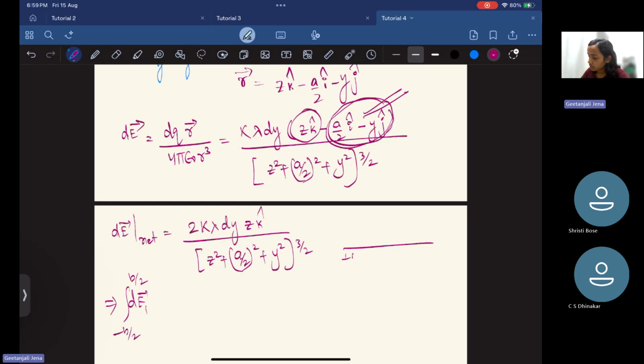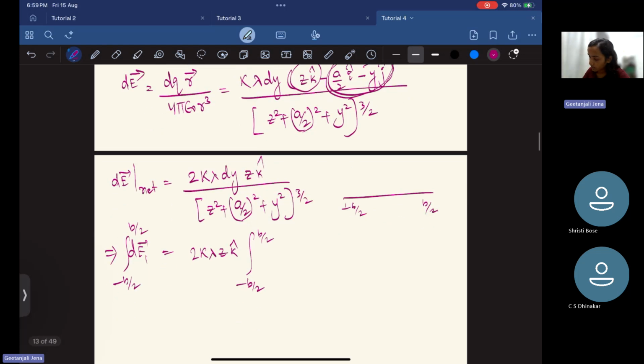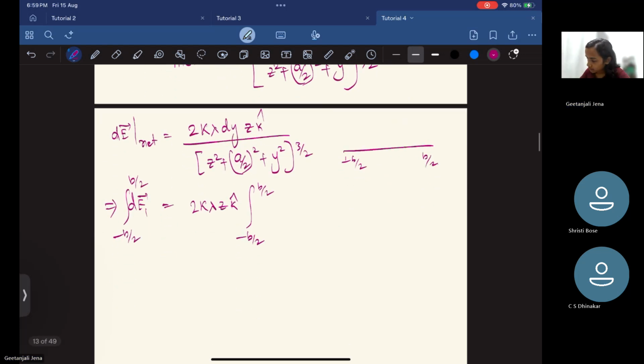Length is from minus b by 2 to b by 2. So this will be 2k lambda z k cap, integral from minus b by 2 to b by 2 of dy over z square plus a by 2 square plus y square to the power 3 by 2.